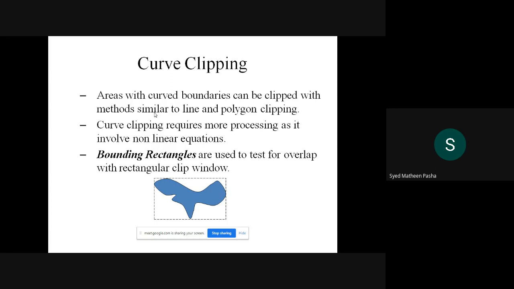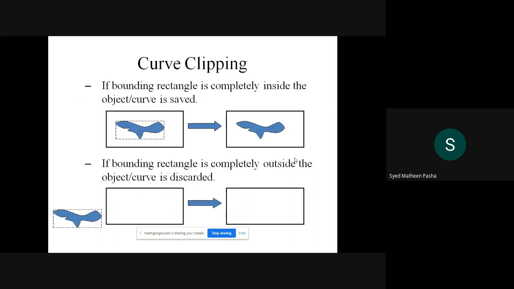But if you come to curve clipping, the equations are very complicated because they are non-linear. It consists of bounding rectangles which are used to test the overlapping of that particular rectangle with respect to the clipping window. So curve clipping needs more processing.